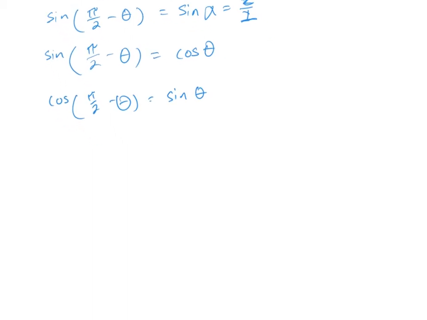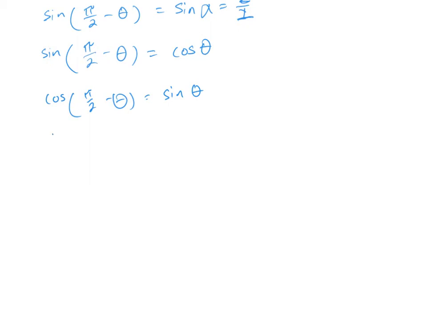And tangent is to cotangent. So tangent of pi over 2 minus theta is actually our cotangent of theta. And then our cosecant matches up to our secant.